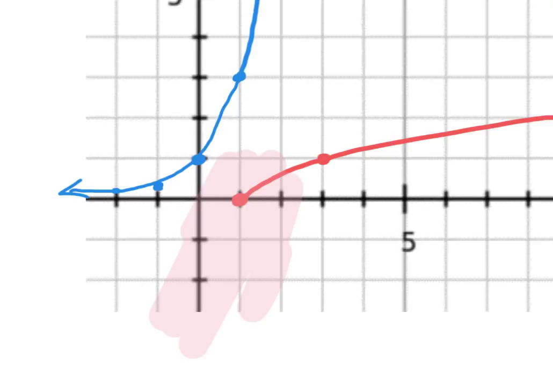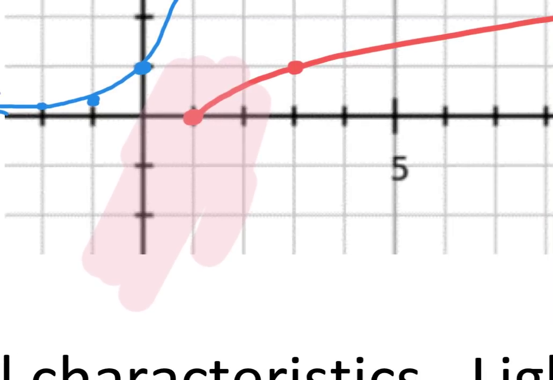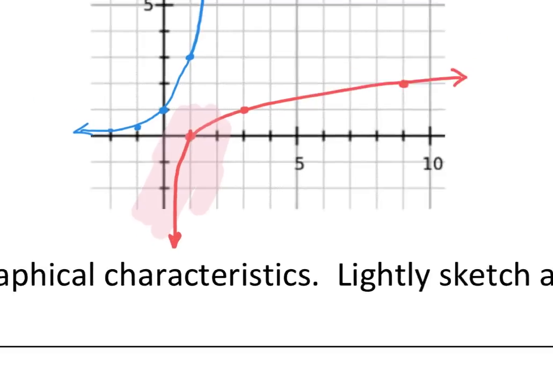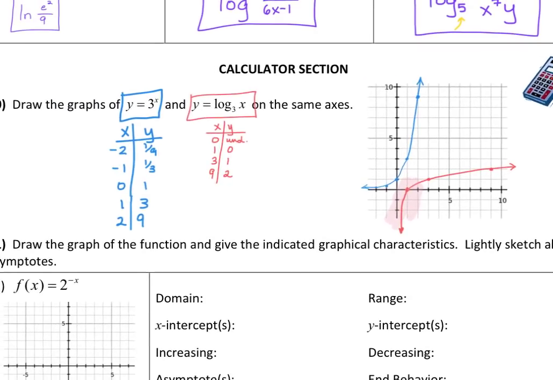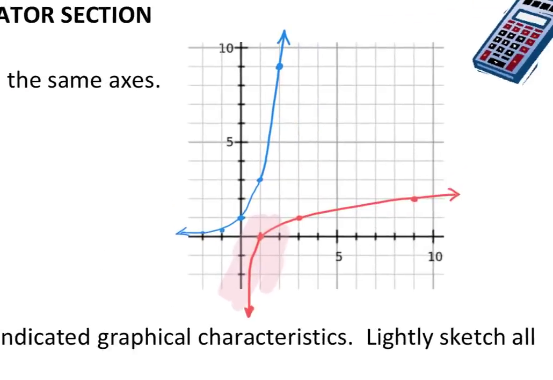And so your graph needs to continue, it's hard to draw this on my iPad, but it needs to continue down like this. That's probably as good as I'm going to be able to give you here. And so your graph should really give you that feeling of the inverse graphs if you've graphed it accurately.